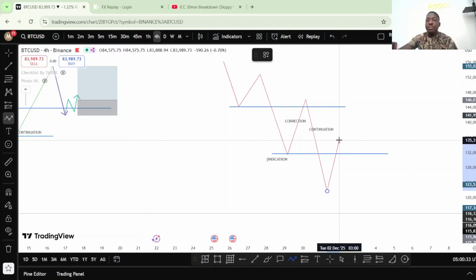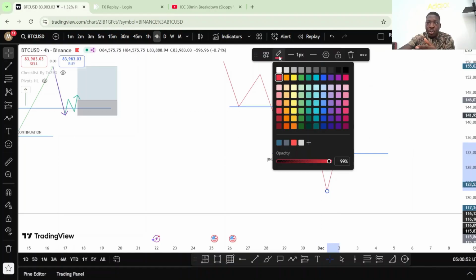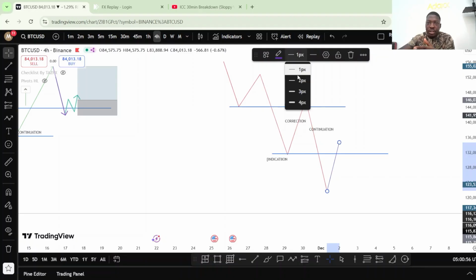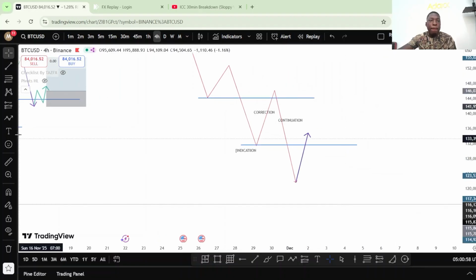Until you backtest enough and realize how to do it without it closing within, just do what I tell you for now. This is simple, so don't overcomplicate it. So now this is the correction. The candle closes on the 1 hour within that level.